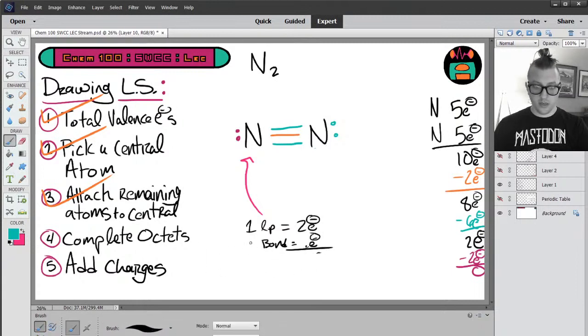Now when you look, the second nitrogen has 3 bonds, so access to 6 electrons in those bonds, plus the 2 in its lone pair leaves it with 8 electrons.